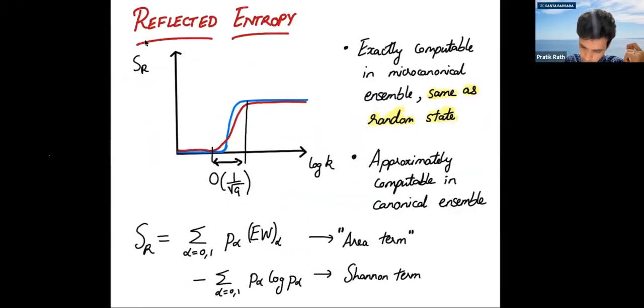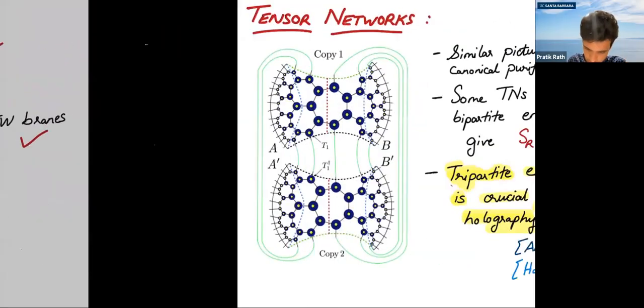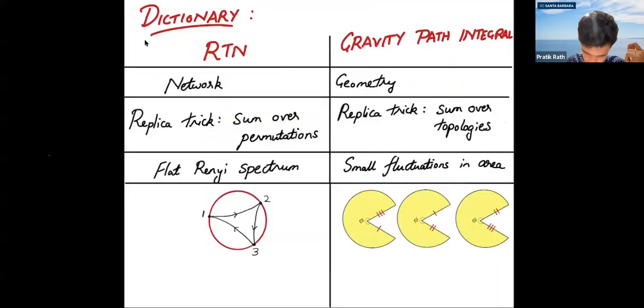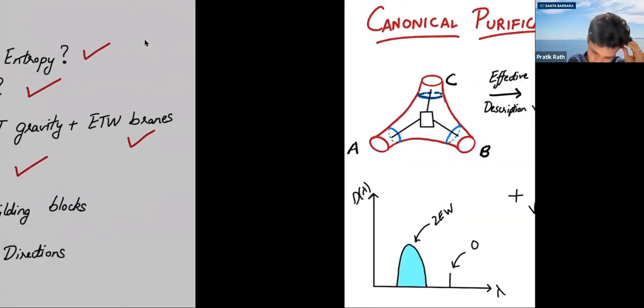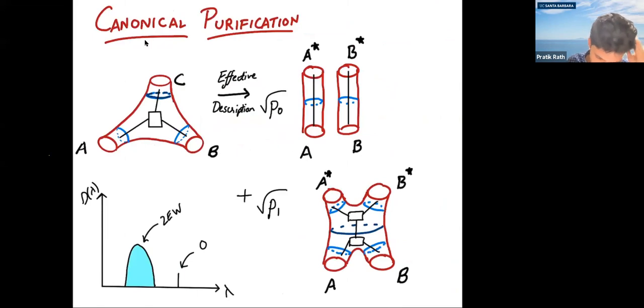So a simple picture to understand that is this one. So in the connected phase, it's not that A and B are just entangled with each other, because the black hole has to be entangled with something. So C is really entangled with the combination of AB, and that's visible from this picture.